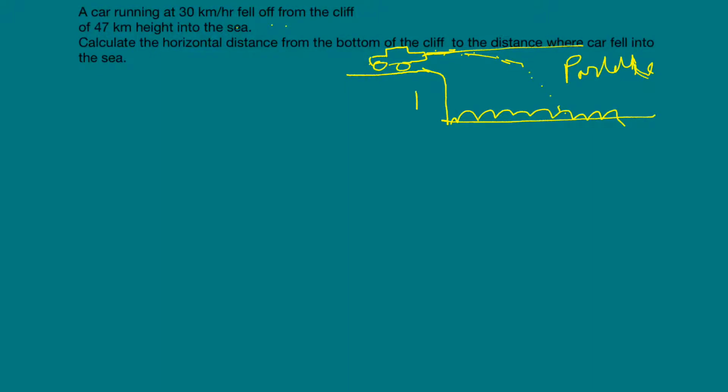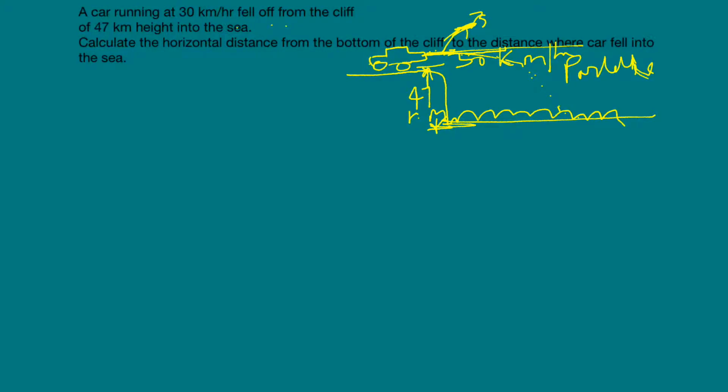As you can see here, 47 kilometers is the height from the sea level to this point. This distance is 47 kilometers, and the car is running at 30 kilometers per hour. So the car will move like this and fall into the ocean.